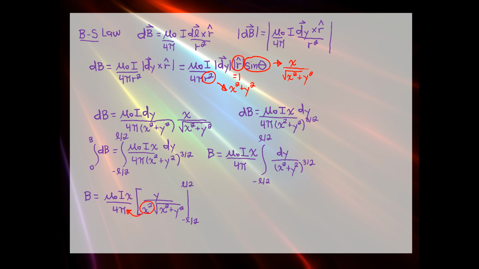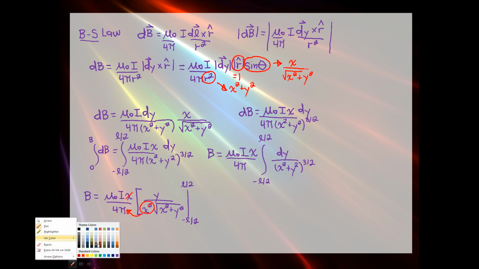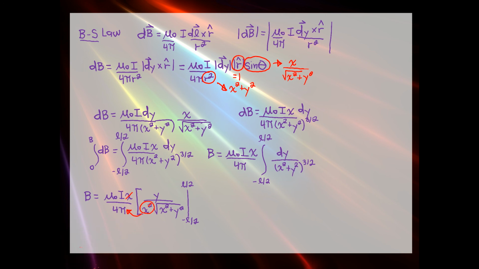And also when you move it out, there's an x on the top and an x on the bottom, so they can just cancel. Okay, I'm just going to write this on the next slide just because I'm starting to run out of space now.